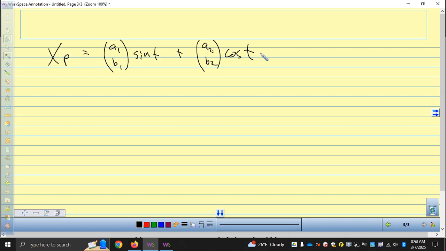Just like we would pick for a higher order differential equation when we were using undetermined coefficients, a sine t plus b cosine t. But we need vectors here because we have a 2 by 2 system. So we need to substitute this into the original system.